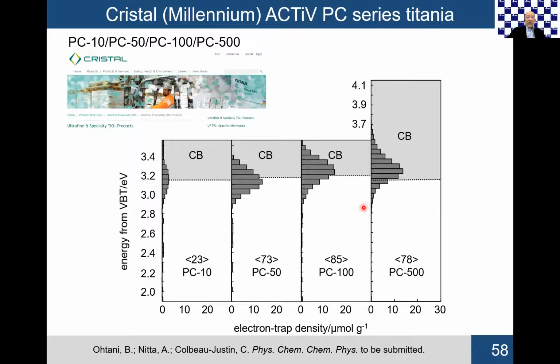However, it is clearly seen that between PC 50 and 100, the peak position is completely different. So that means they are similar with different specific surface area. However, these two, PC 50 and 100, are a bit different in surface structure.